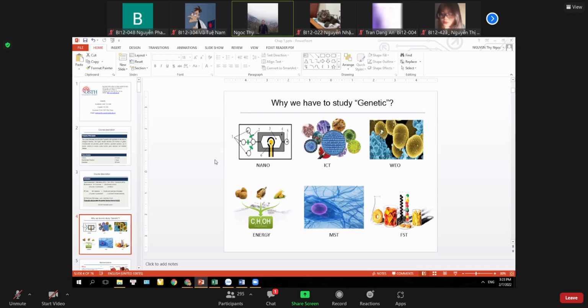At the moment, science is a combination of different fields to create applications, to create a real product. We need a combination of different expertise in different fields of study. For example, in USTH, we have a small project to create a special equipment to detect the HPV virus.